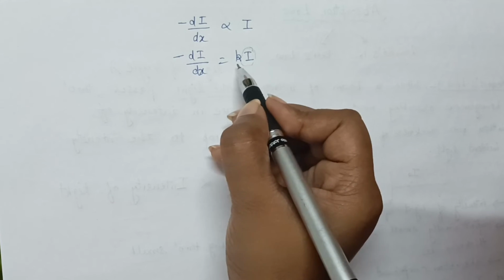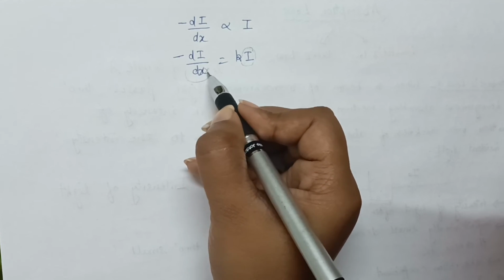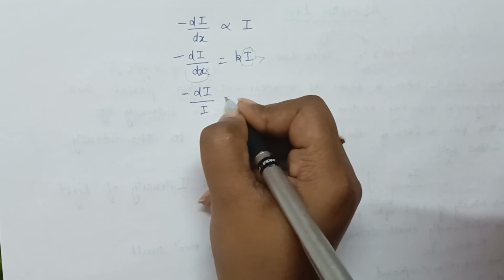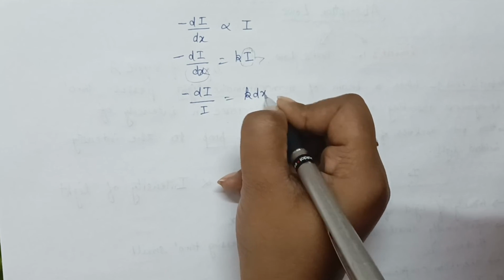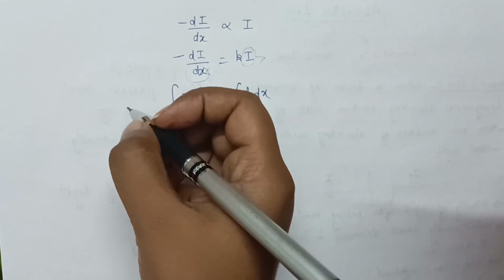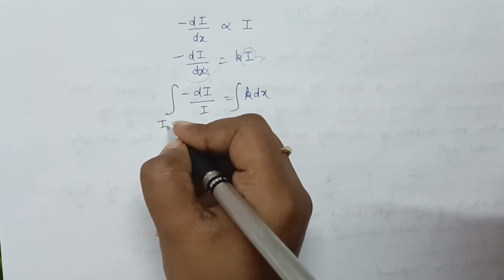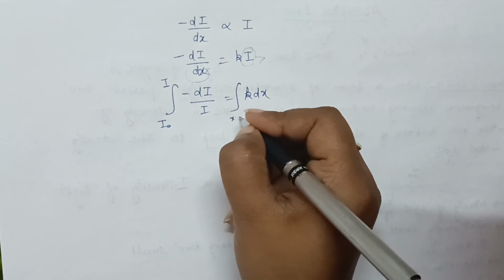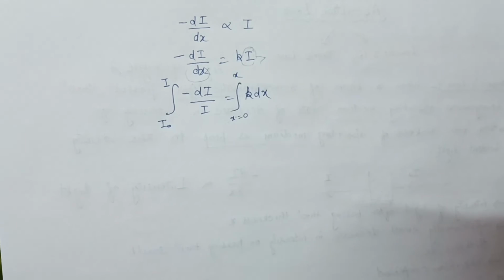Taking I onto the left hand side and dx to the right hand side, we get minus dI upon I equals k dx. Now integrating both sides, intensity goes from I naught to I, x goes from 0 to x.